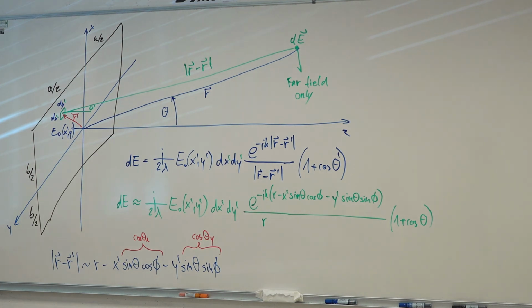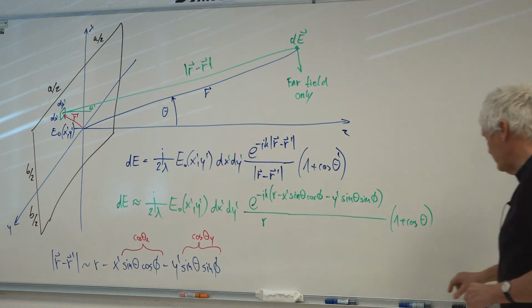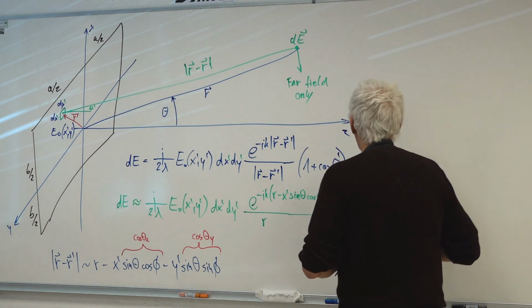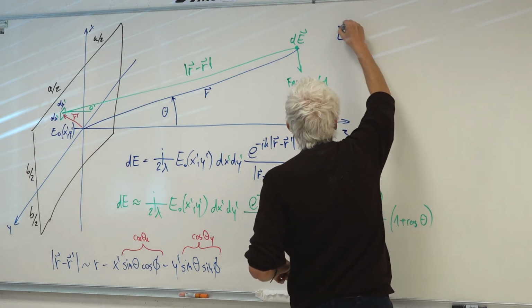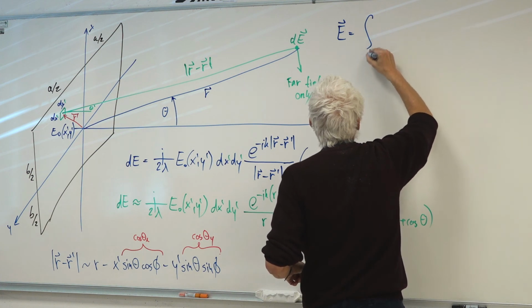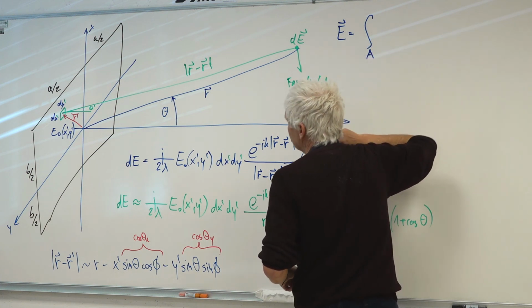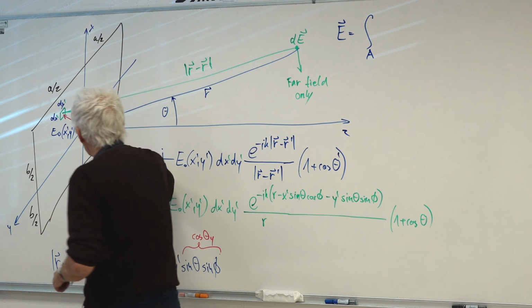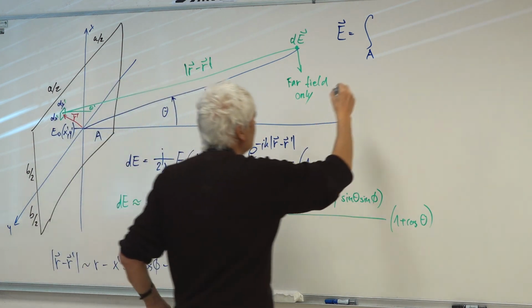So now, how do we calculate the total radiated field? The total radiated field is now the integral over the aperture A, this is the aperture, of dE.